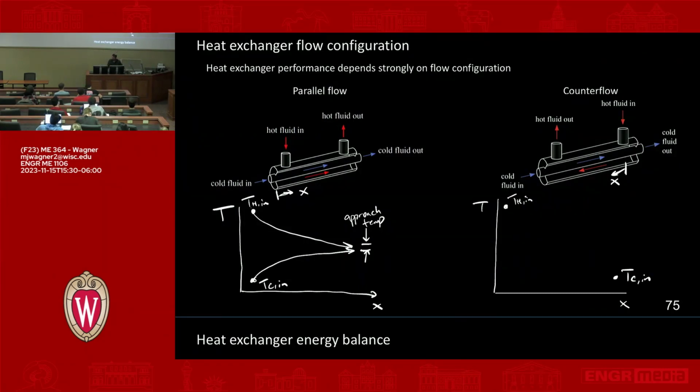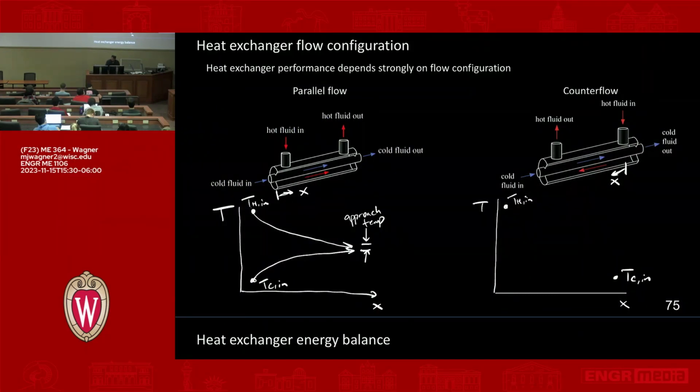Well, if you really think about it, if I made this long enough, I've got this hot inlet temperature here. So if I make this long enough, my cold outlet is actually exiting right where the hot fluid is hottest. So theoretically, I could get the cold flow to converge to the hot temperature. And likewise, I could get the hot flow to converge to the cold temperature, depending on how I play with the flow rates.